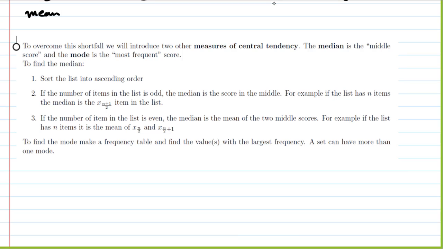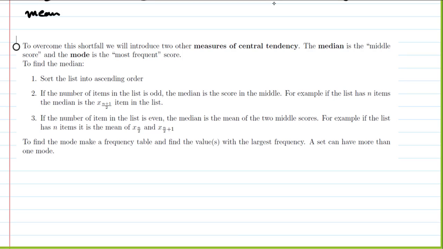To find the median, we're going to have to sort the list into ascending or descending order. If the number of items in the list is odd, the median is the middle score. For example, if the list has n items, the median score is the x sub (n plus 1) divided by 2 item in the list. And if it has an even number of items, we average the middle two scores.